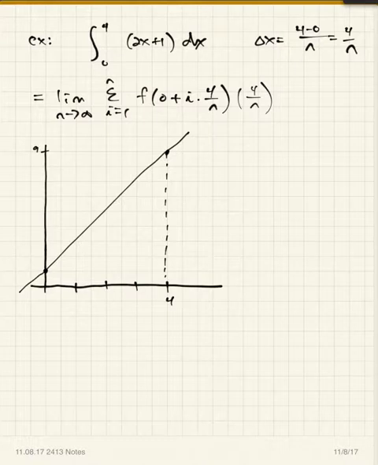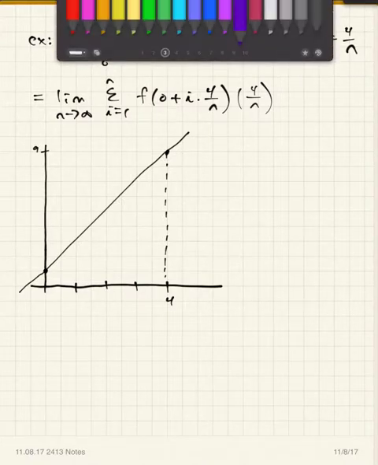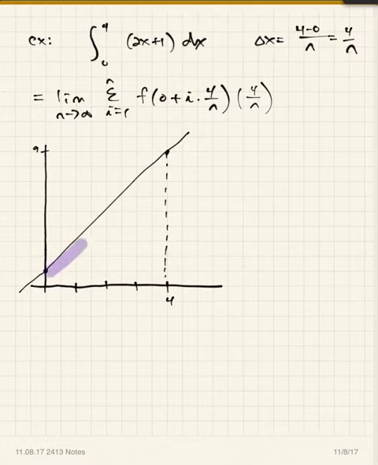But what I want you to notice is that this particular region is actually a regular geometric figure. If you look carefully at the shaded region right here, this is actually a trapezoid.